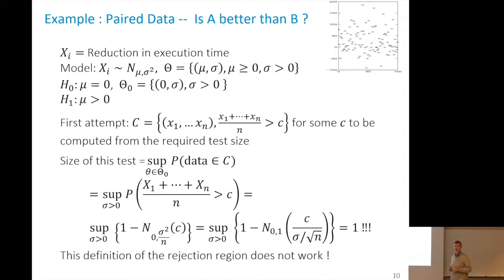What was the problem here? The problem is, since we don't know sigma, finding the threshold is impossible. If sigma is very small, then we should have a small c, because if mu is truly equal to 0, it's very unlikely to see x1 plus etc. plus xn much larger than c.